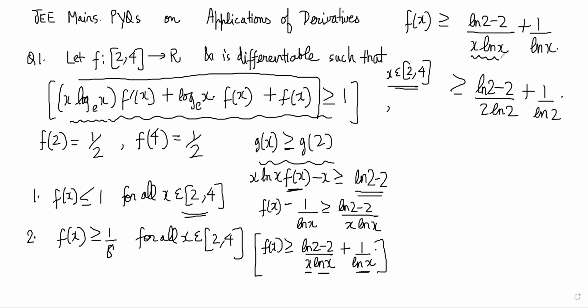Because we are dividing by a smaller quantity, right? Yes, sir. Do you understand what I'm saying? Yes, sir. Because x is always greater than 2. So we are getting greater than or equal to, this is becoming half minus 1 by ln 2 plus 1 by ln 2, right? Yes, sir. So we are getting greater than or equal to half clearly, right? Yes, sir.